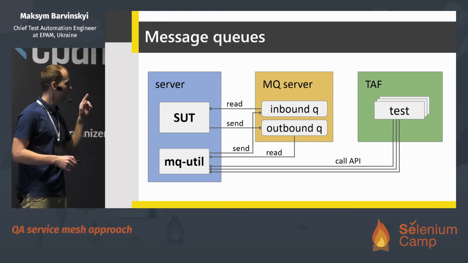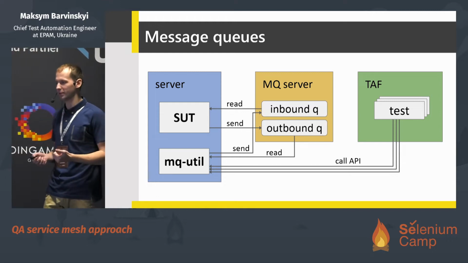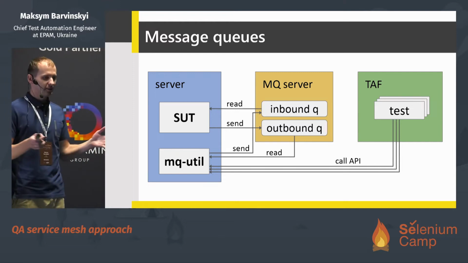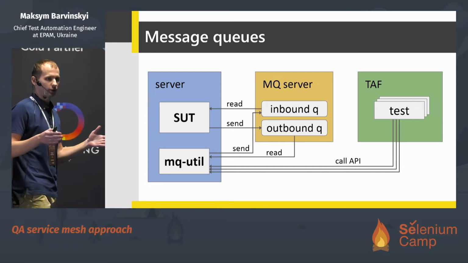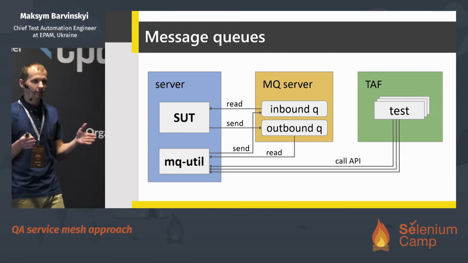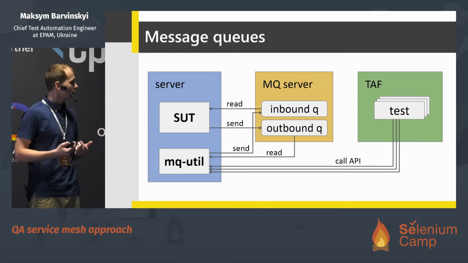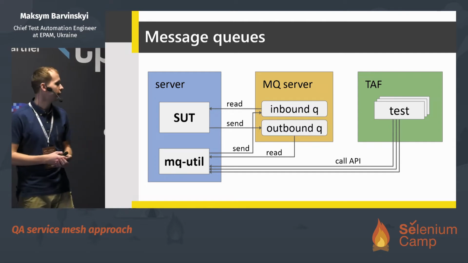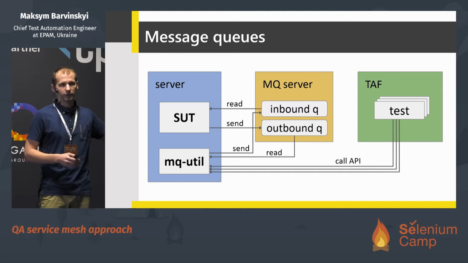Don't you dare get messages or send messages directly. And that worked. Basically, there was some kind of a cache of messages in Mq-util, and it saved them for us. And whenever we would like to get or send a message, basically all those kinds of operations, we would work with Mq-util through REST API.